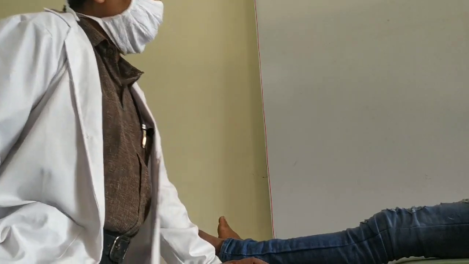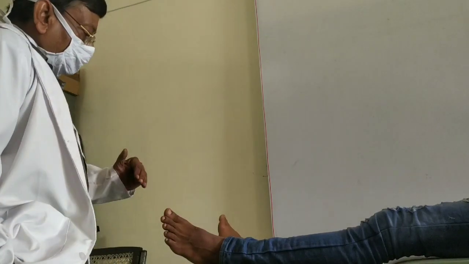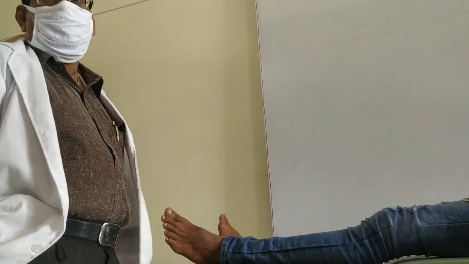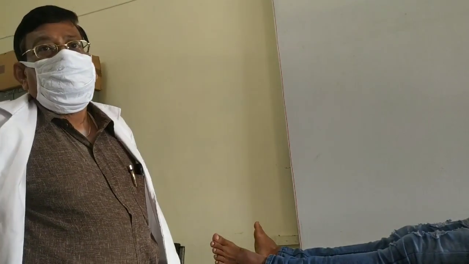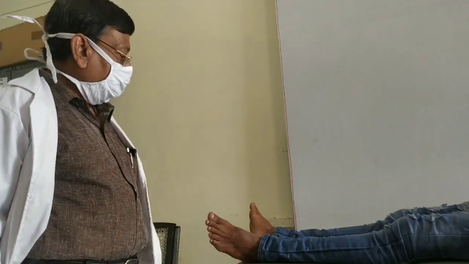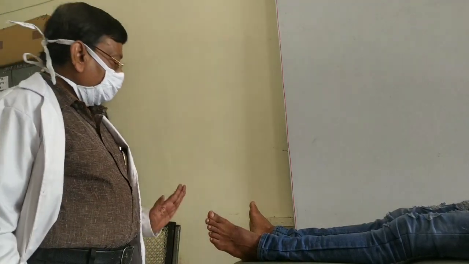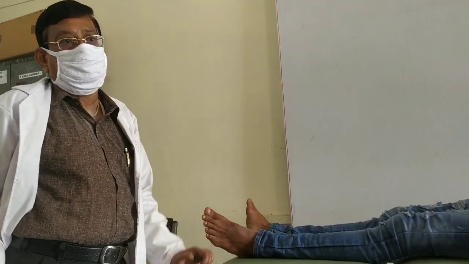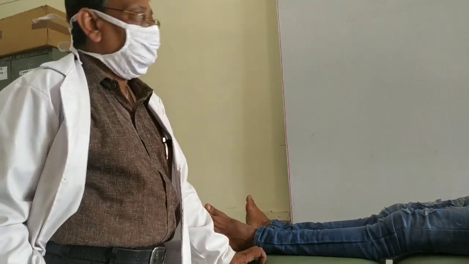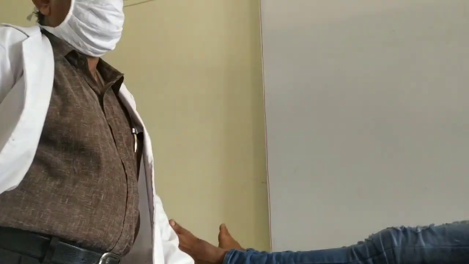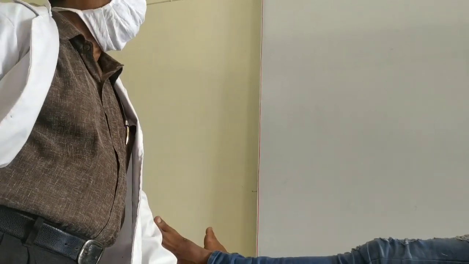The normal response of the plantar is plantar flexion of the big toe and dorsiflexion of the ankle. If it is opposite, that is dorsiflexion of the big toe with the other toes fanning, and dorsiflexion of the ankle, that is called Babinski sign positive.